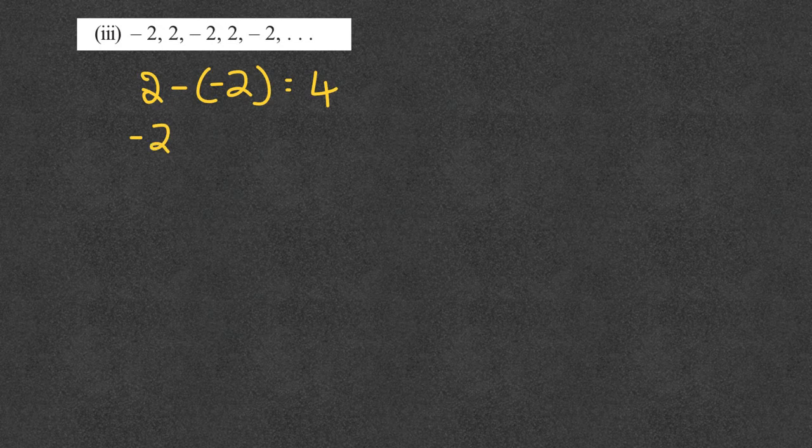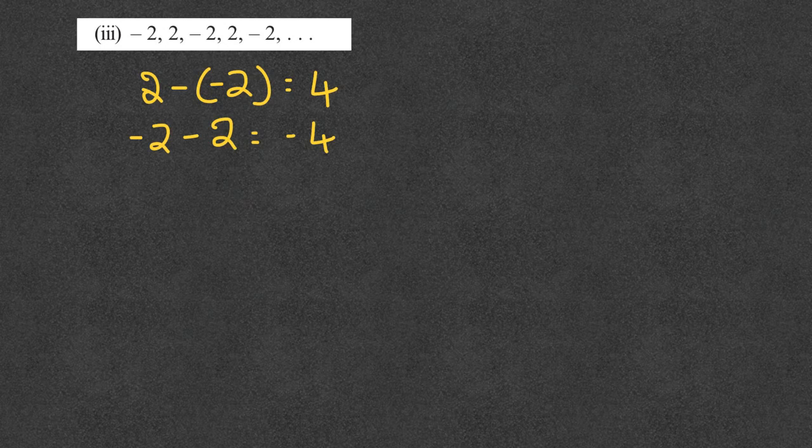Is this an arithmetic sequence? Let's see whether the common difference is the same over here. 2 minus 2 is 4, and then minus 2 minus 2 is minus 4.